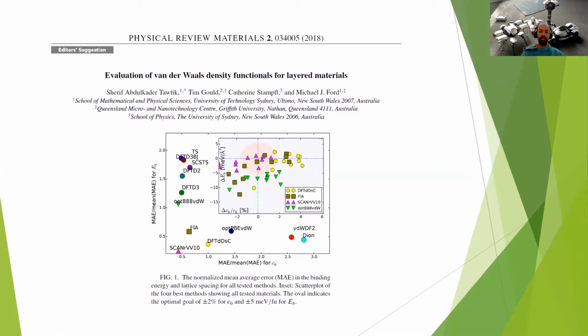The best one is obviously SCAN. So SCAN+rVV10 here, you can see, has the least error along both directions. And then the FI method is the nearest one in terms of achieving accuracy in both as well.